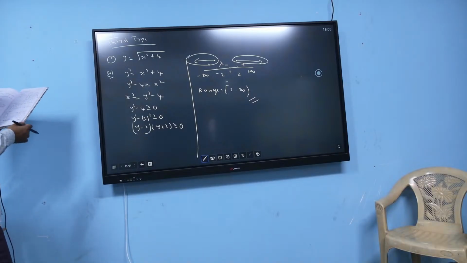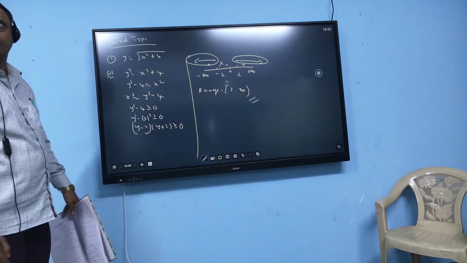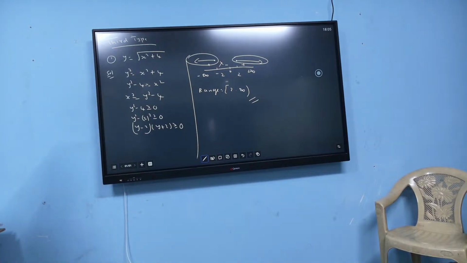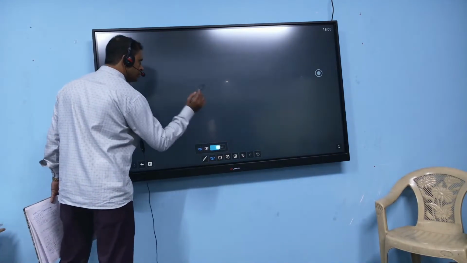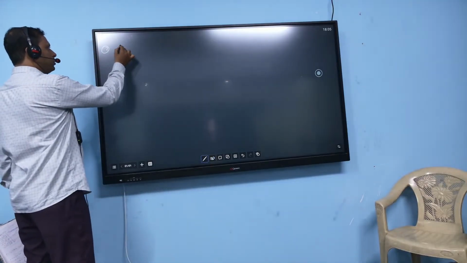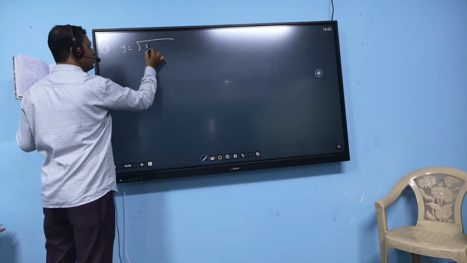So we take one more sum. y is equal to root of 4 minus x square.